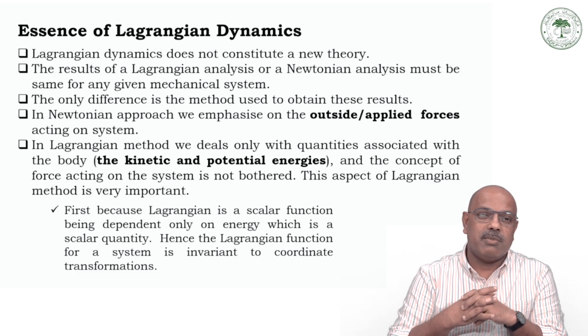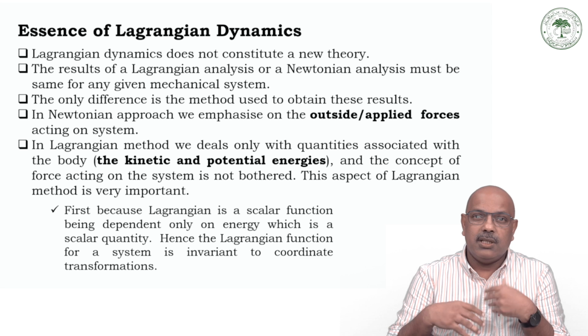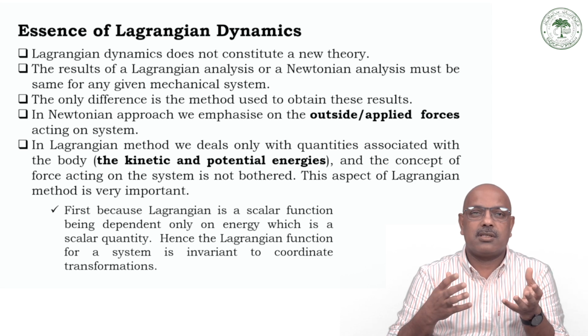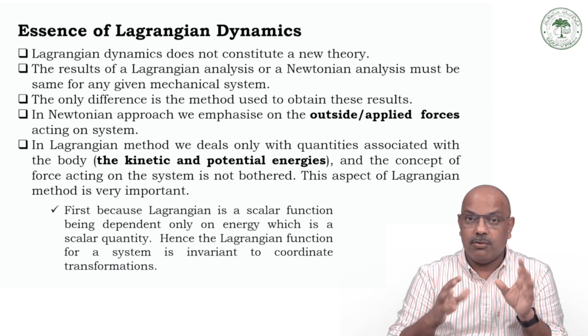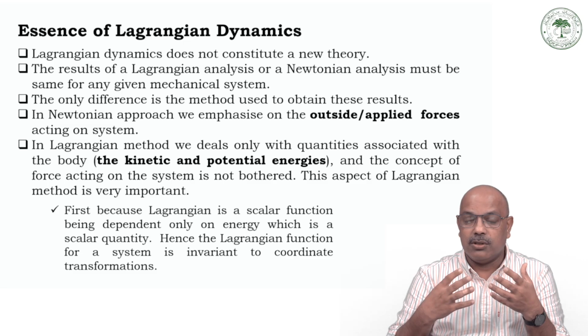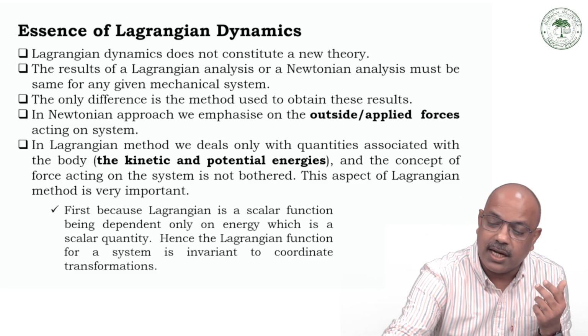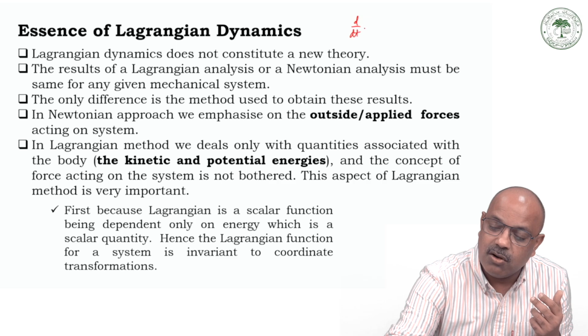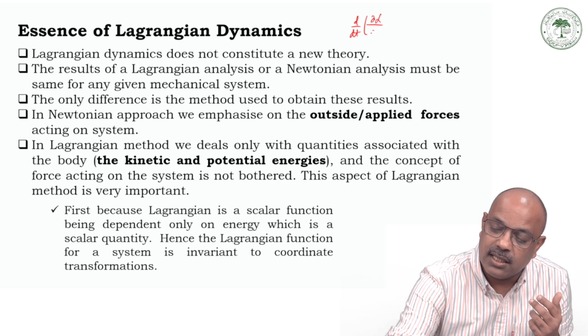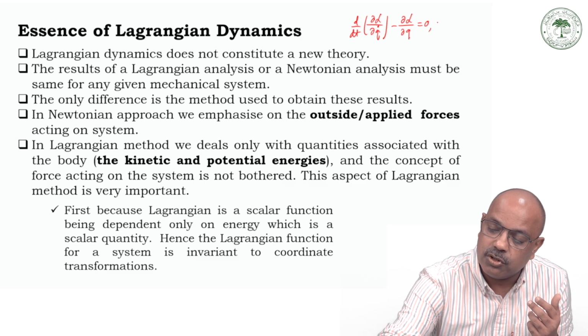When you are doing the Lagrangian calculation, L equal to T minus V, you are going to use this equation: d/dt of delta L by delta q dot, minus delta L by delta q, equals 0, or equals Q for dissipative forces.